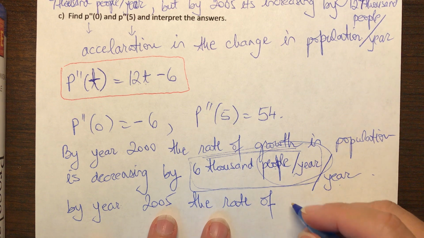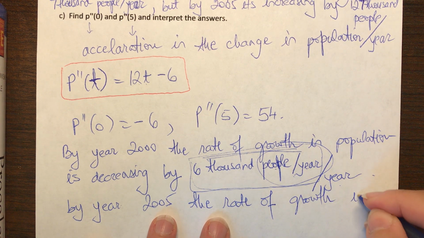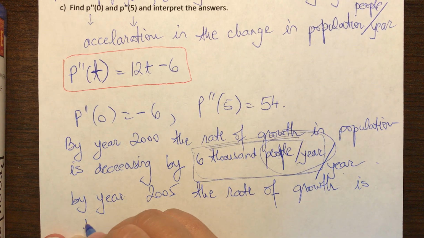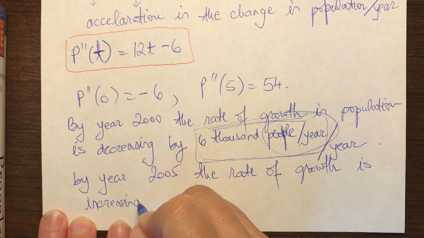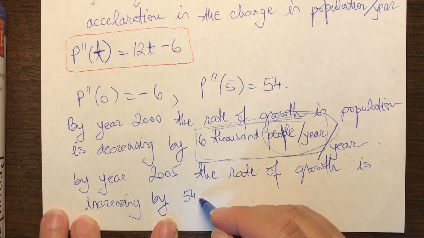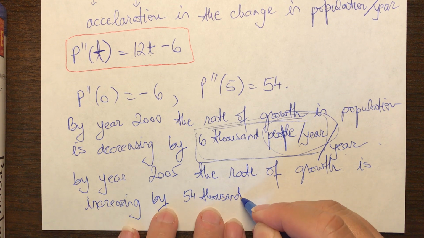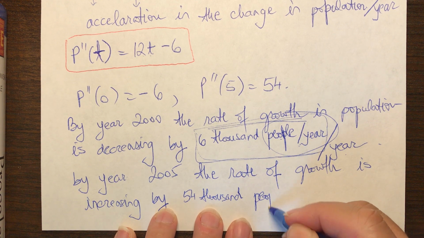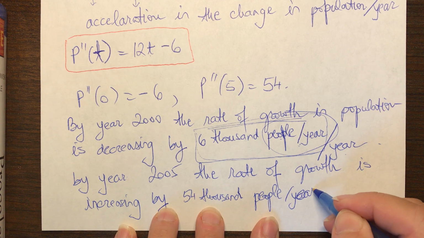So by 2005, the rate of growth is increasing by how much? 54,000 people per year.